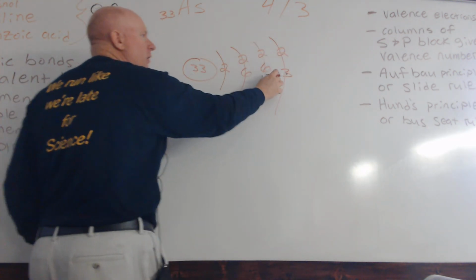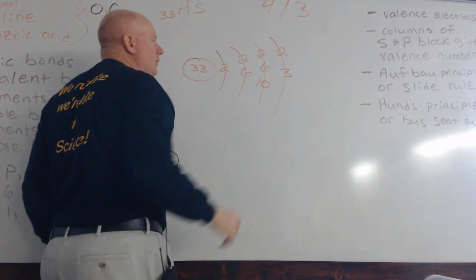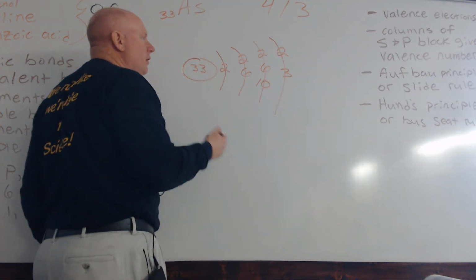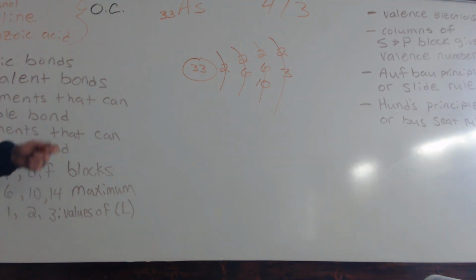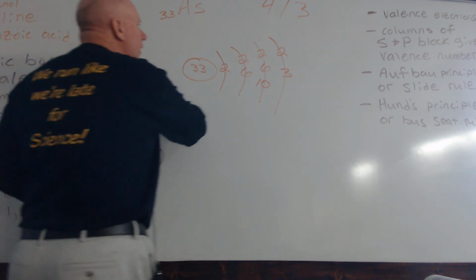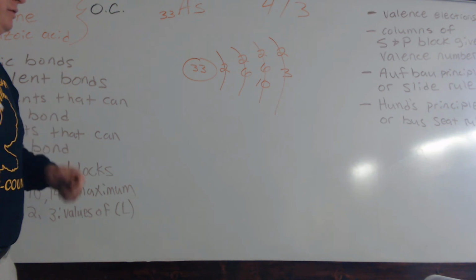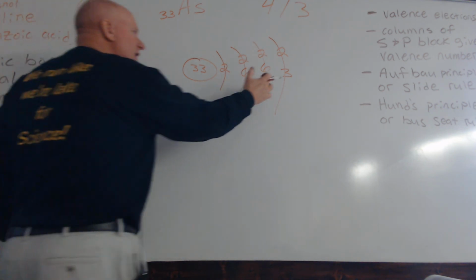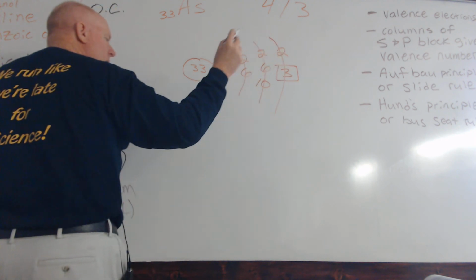The third column, that's a valence number, okay? And you could say it's also in column 5, so it has 5 valence electrons. And then finally, Hund's principle, or the bus seat rule, since these last 3 electrons went into the P block.